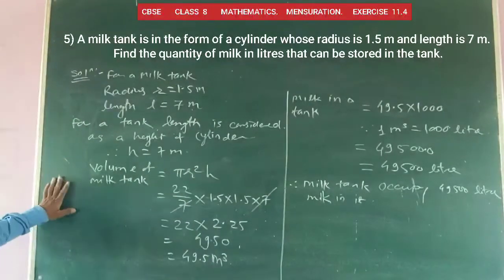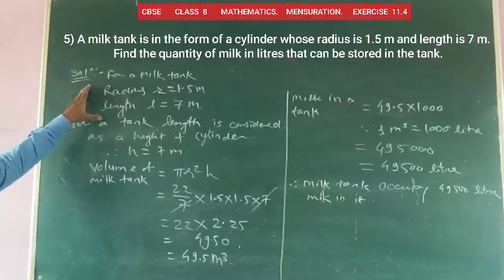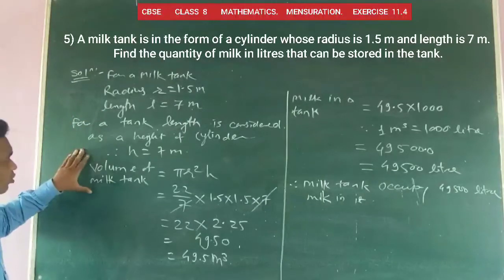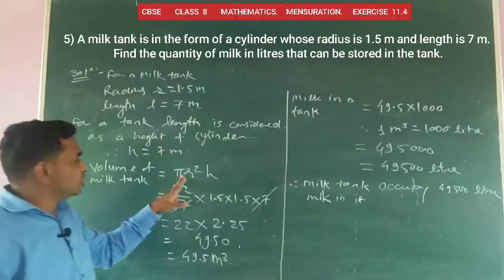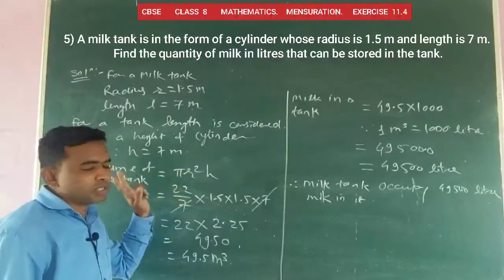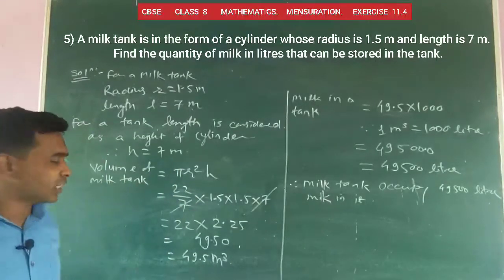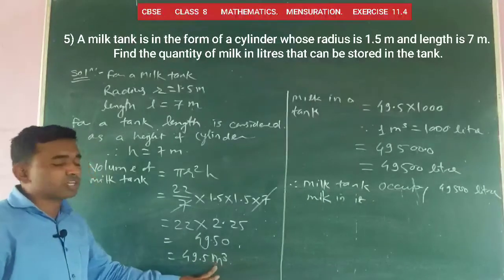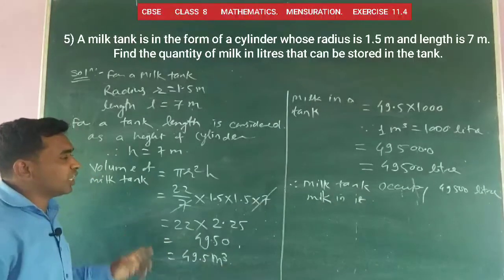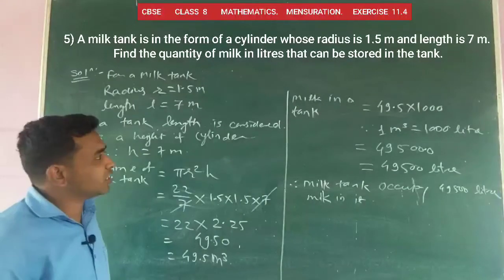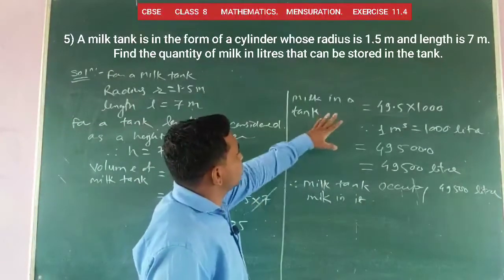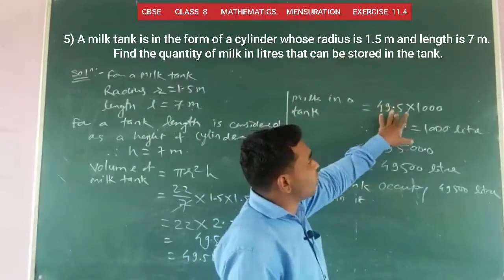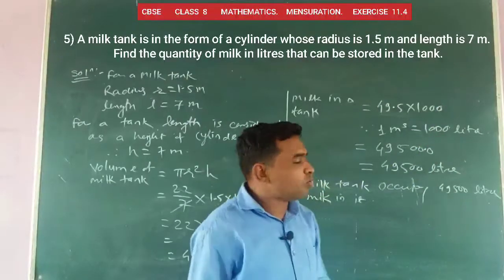In this example, we used the given quantities to find the volume of the milk tank using the formula for the volume of a cylinder, pi r square h, because the milk tank shape is like a cylinder. After that we got 49.5 meter cube, but the question asks how much milk is required in the tank. So milk in a tank is equal to 49.5 into 1000. How 1000?